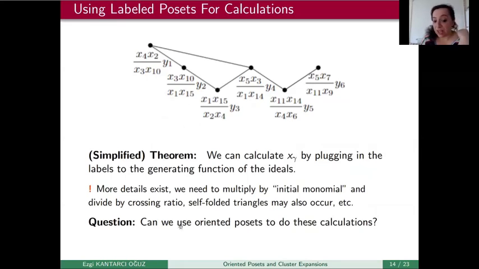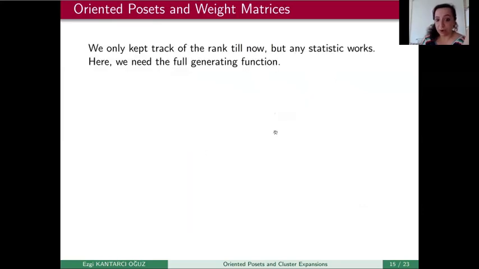And we were thinking, can we use oriented posets to do this in a fast way? Because for this, we need the generating function, but oriented posets only count the number of points. But that actually was very easy, because the idea of oriented posets is based on just inclusion-exclusion. It doesn't depend on which statistic you keep track of. You can just change that.